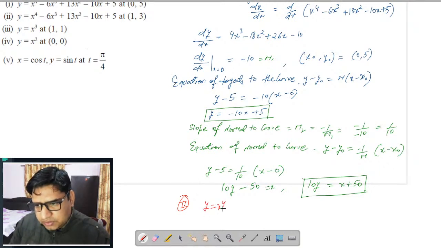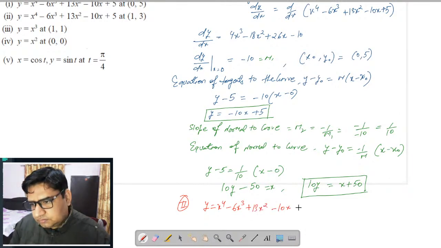So y is equal to x to the power 4 minus 6x cube plus 13x square minus 10x plus 5, at the point 1 and 3.